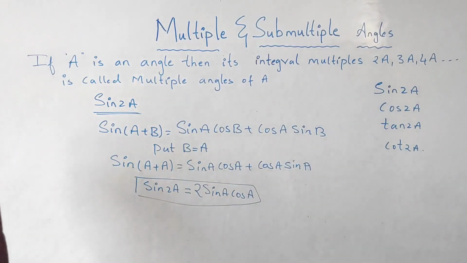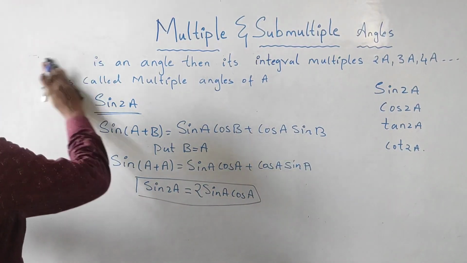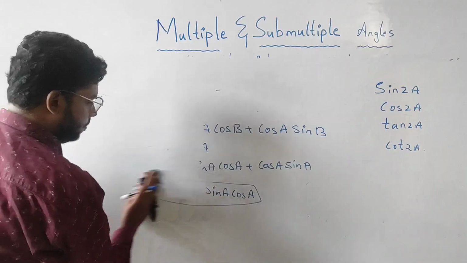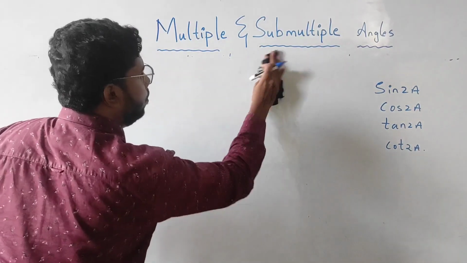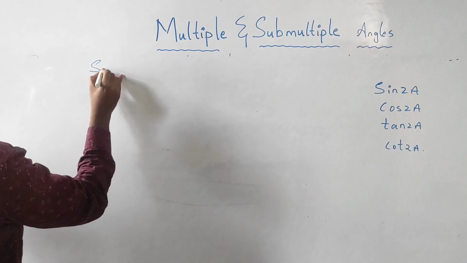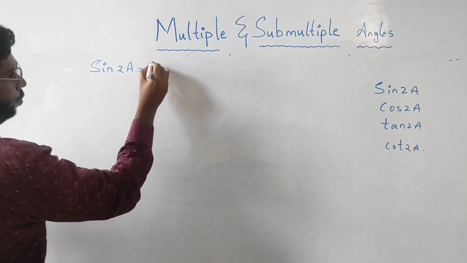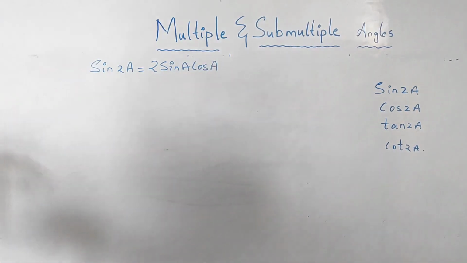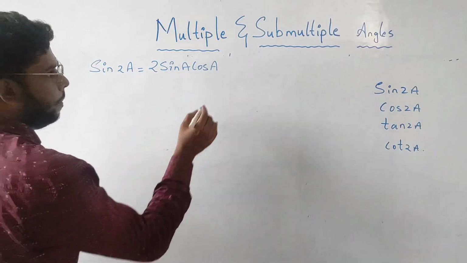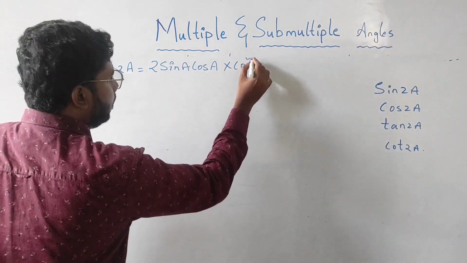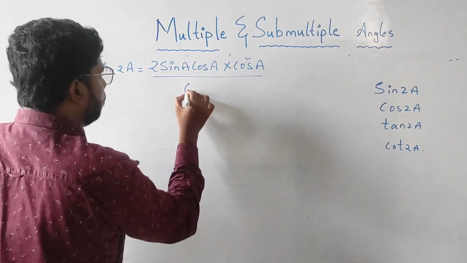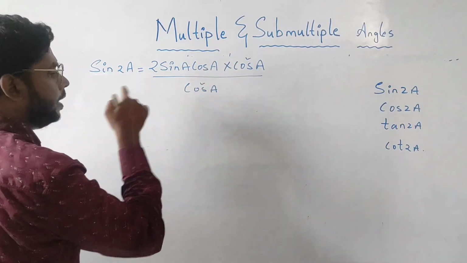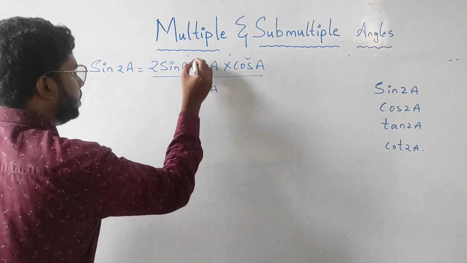Now look at this. We have got sine 2A equal to 2 sine A cos A. Now what I will do is multiply by cos square A and at the same time divide by cos square A. So I have multiplied and divided by cos square A, and this term gets cancelled.